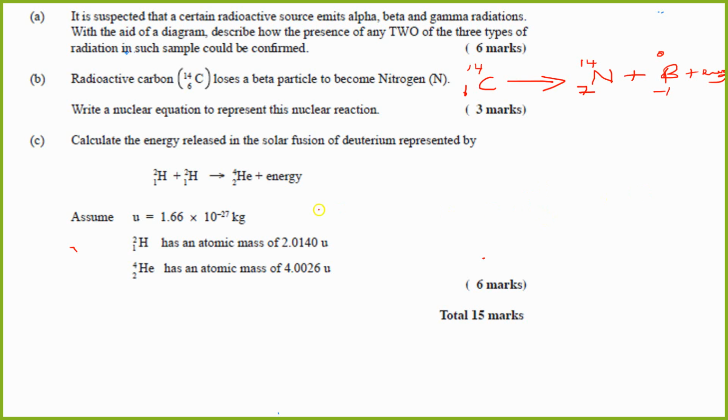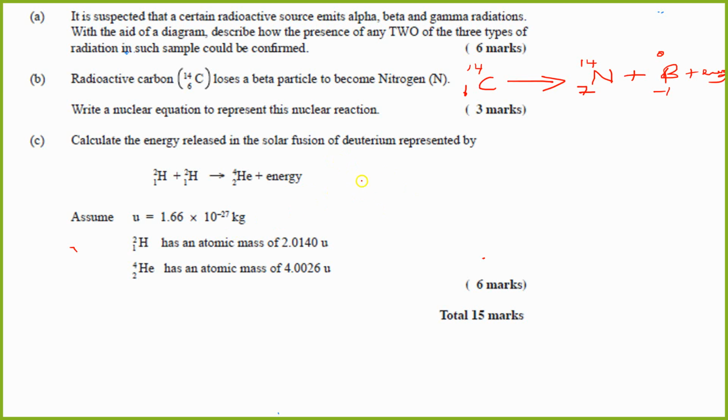So what we're going to do here is try to find the mass, because the energy is almost equivalent to mass. And after finding that mass, we can use Einstein's energy formula to find out the amount of energy that was released.